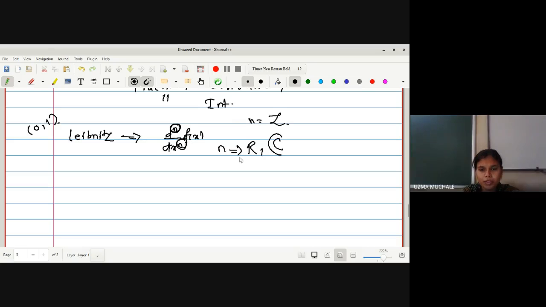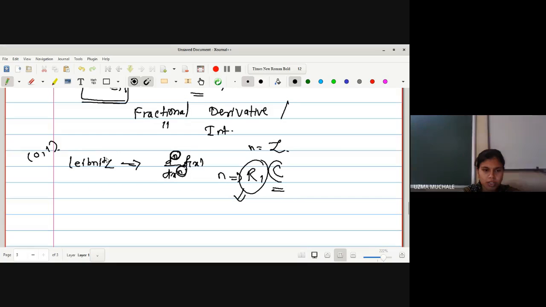Okay, so n can take any value, whether it is a real or complex number. Complex का मुझे भी उतना idea नहीं है, but it can take any value, that is, it may be any real number. Okay, so actually, fractional calculus was initiated here with Leibniz. He has not given any condition on n, correct?